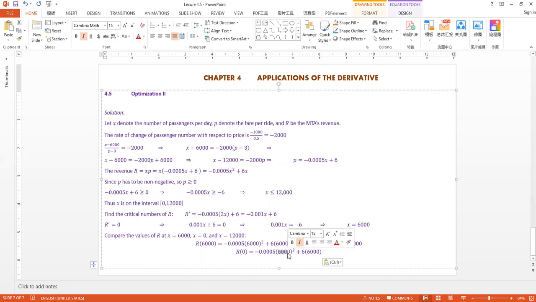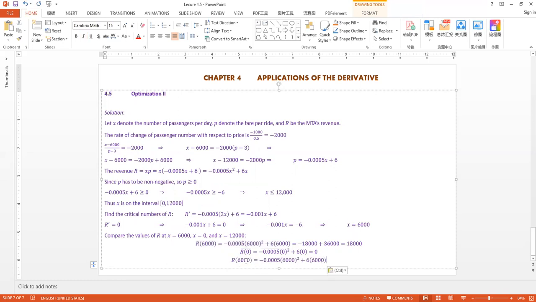This is 0 squared and 6 times 0, so everything is just 0. All the terms on the right. So the revenue is 0 for x equals 0.